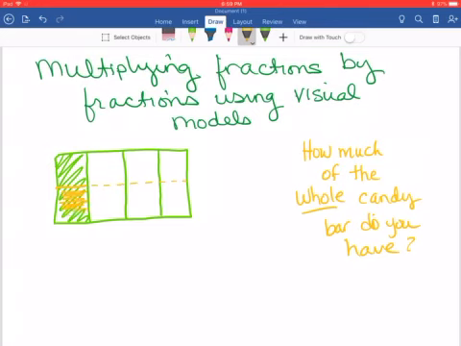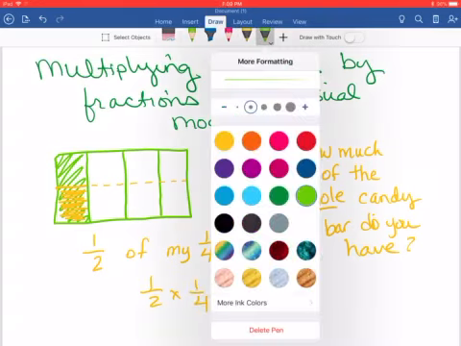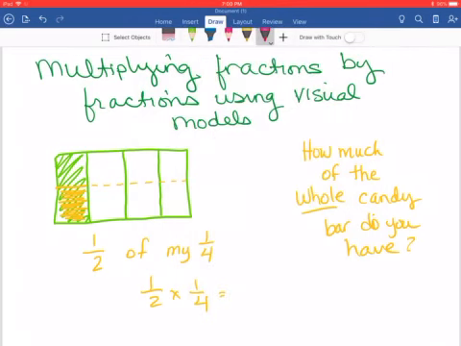I'm giving you this much right here. So I am giving you 1/2 of my 1/4 of the candy bar. So how much of the total candy bar are you holding? You are holding this little piece out of how many total? 1, 2, 3, 4, 5, 6, 7, 8. You are holding 1 out of 8 total pieces.